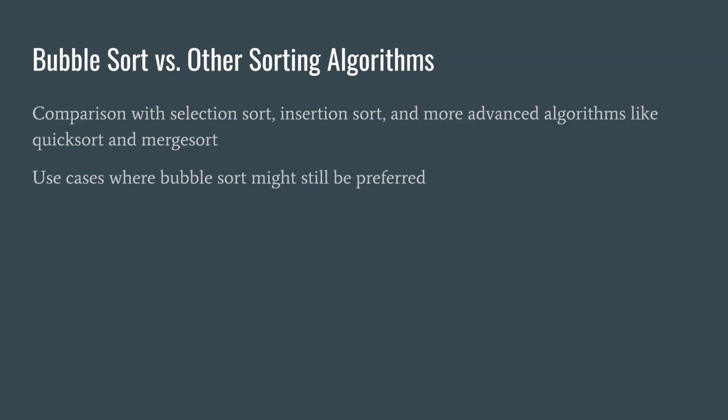As we delve into other sorting algorithms deeper, you will understand more of bubble sort's simplicity and stability, but you will see the limitation in the scalability and efficiency of the bubble sort algorithm.